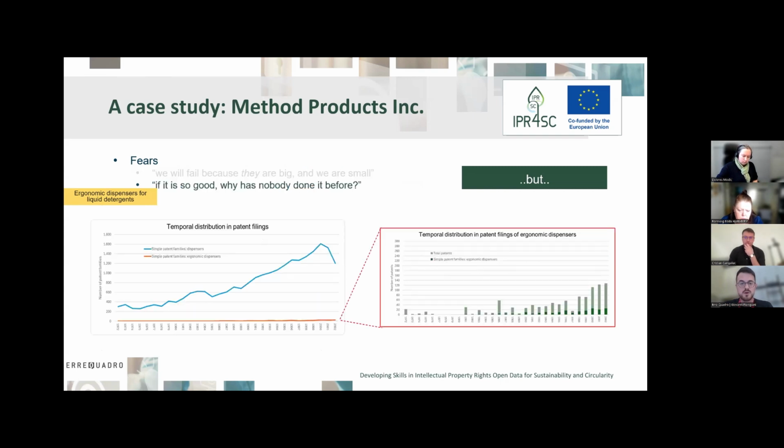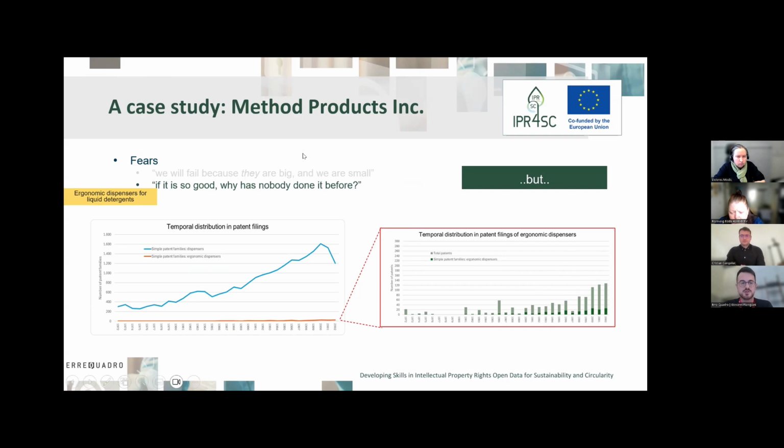If we take a look at the temporal distribution that I was showing before and compare the 2 distributions related to these 2 different fields, the wider one and the narrower one, we can also see that the innovation trend was just starting at the time that method products was founded.